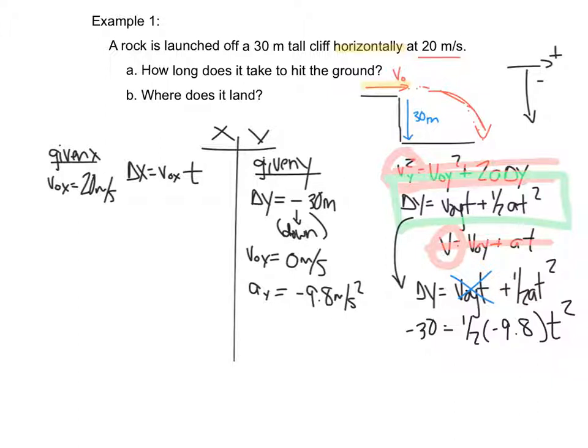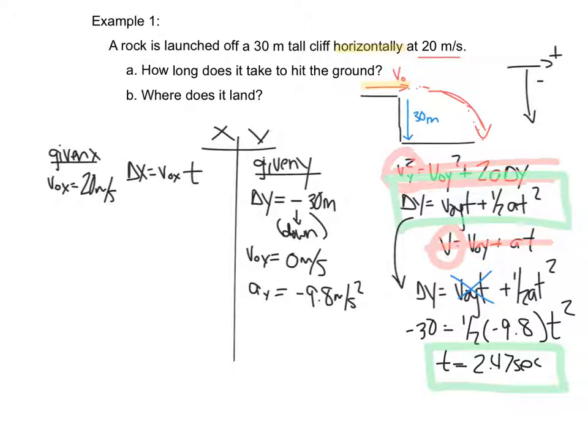So with a little bit of plugging into your calculator, you end up getting a time of 2.47 seconds. Boom, right there. There is our time. And we do that, of course, by doing some algebra, by dividing over the 1/2 times negative 9.8, and then taking the square root. So there's my time, which is what we're looking for in part A.